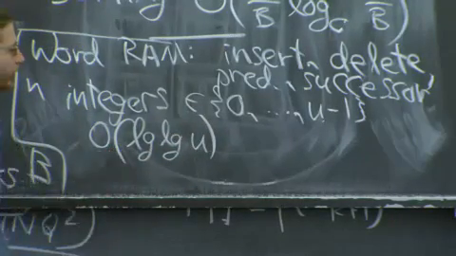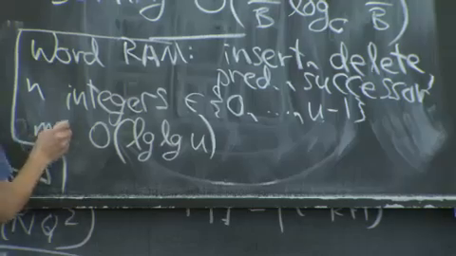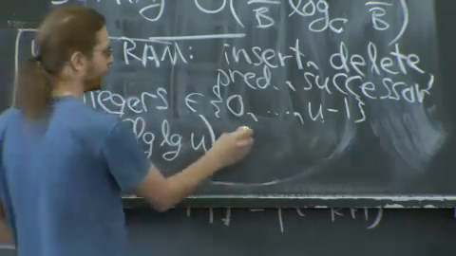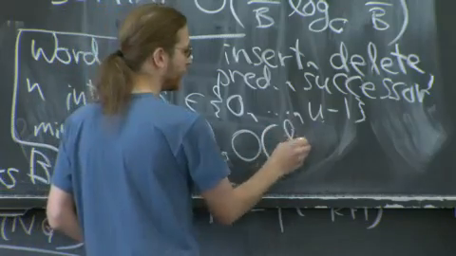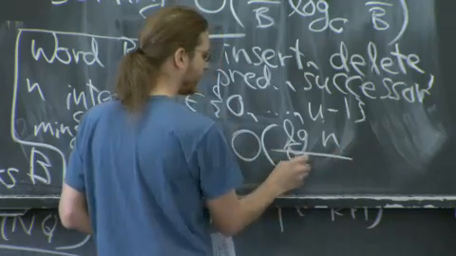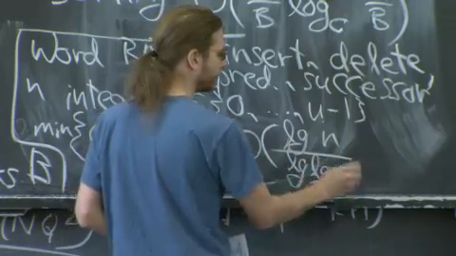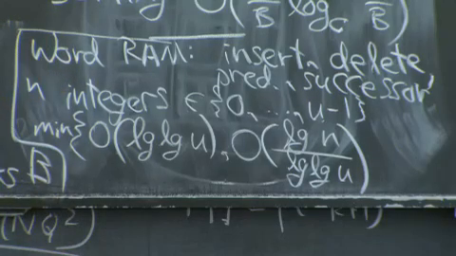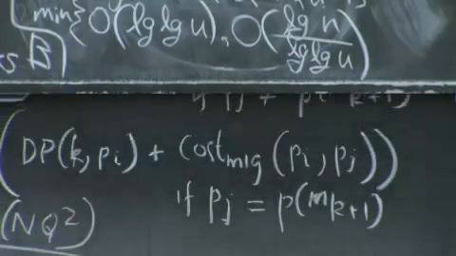This is a data structure called van Emde Boas, and it's in CLRS if you're interested. You can also do log n divided by log u. This is a data structure called fusion trees, and it's an advanced data structure, 6.851 if you're interested.